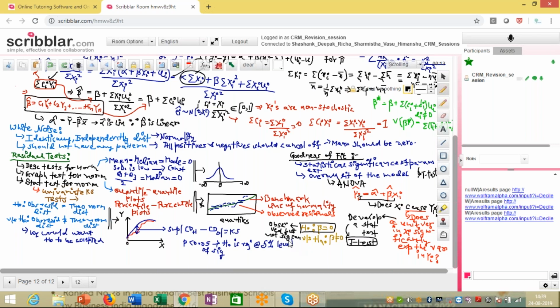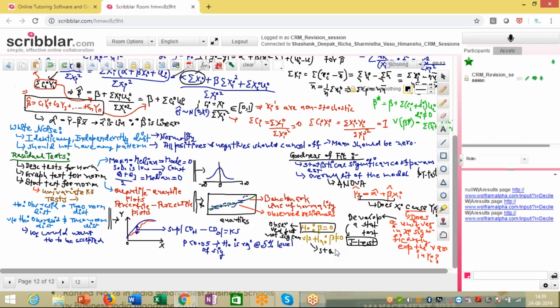Beta not equal to 0 is a statistically significant causality.